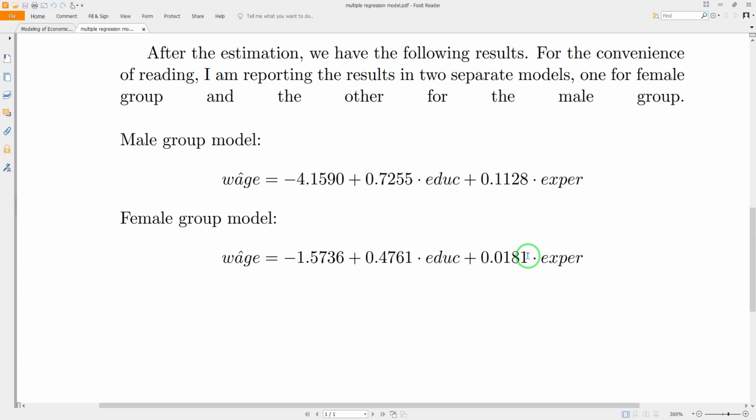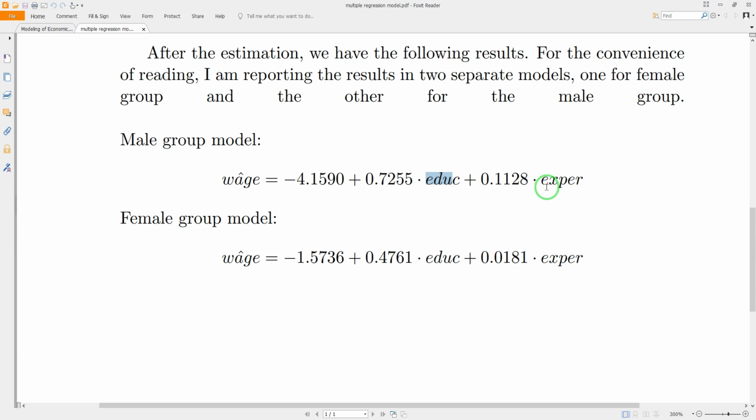This model tells you a couple of important things. If you don't have any education, if you don't have any experience, either you are female or male, you are contributing negatively to society because you are not making money. Okay? The importance of education actually outweighs the importance of experience. Regardless of female and male, the coefficients on education are much bigger than those of experience. That is the second important observation.